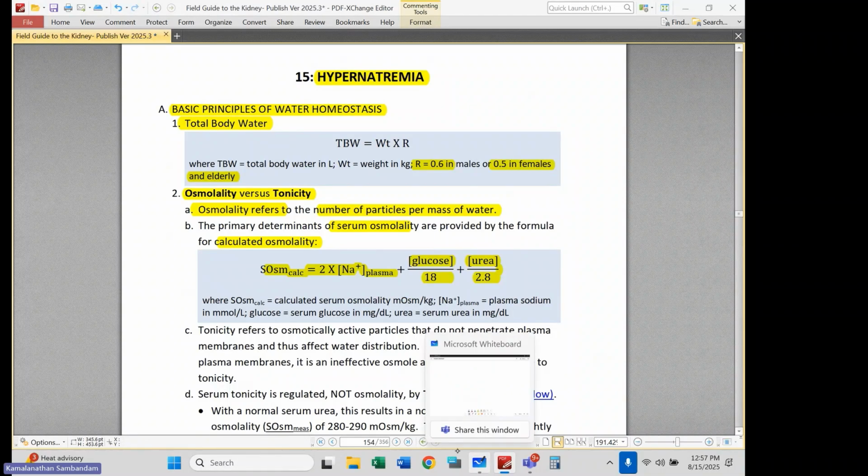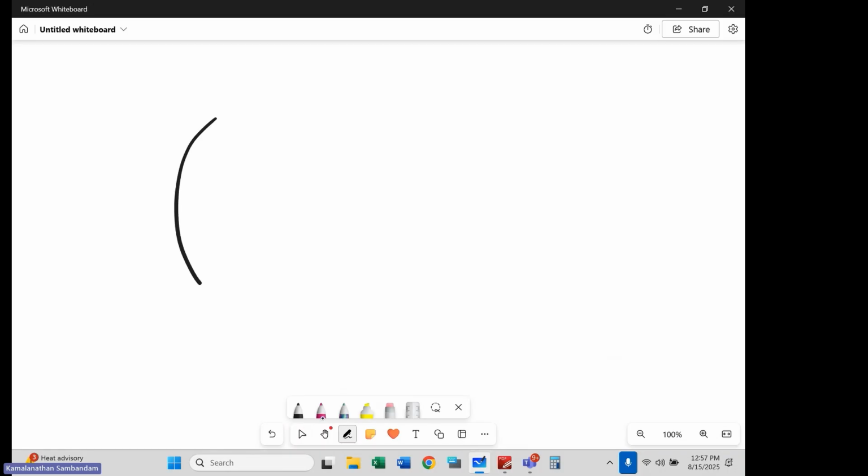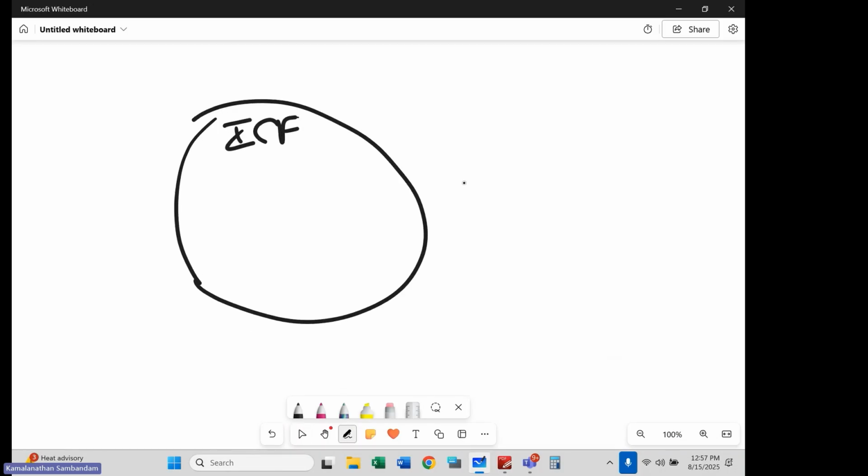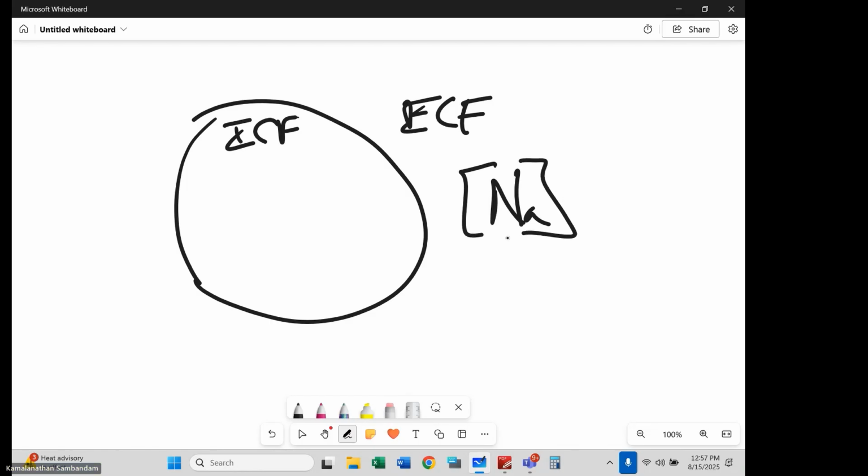What is the difference between the two? If I have water compartments, including ICF and ECF, sodium in the ECF is more than tenfold the concentration of the ICF sodium. The ECF sodium is vastly higher than the ICF sodium, and that's because you have sodium potassium ATPase, and so sodium is an effective osmole, right?